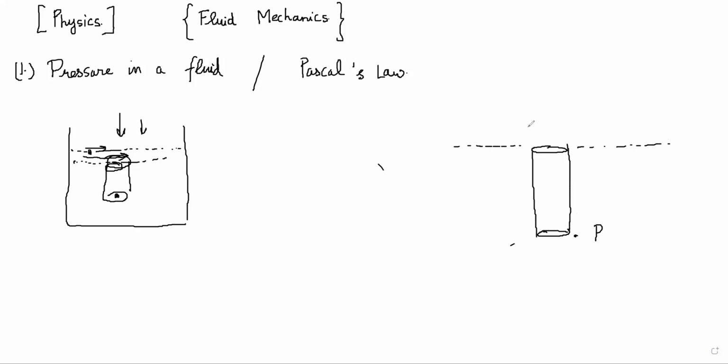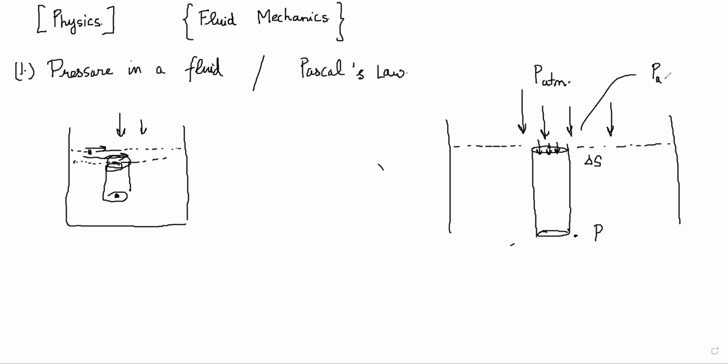Suppose this fluid is exposed to the atmosphere here, so you have atmospheric pressure from the top, right? Atmospheric pressure means pressure is force by area. So if you take the area of this as del S, then the force on the top is P ATM into del S.